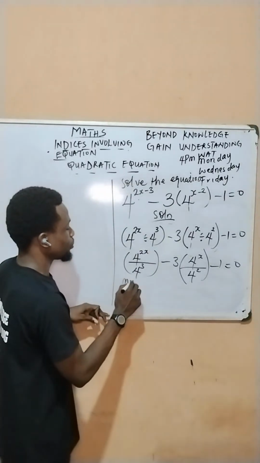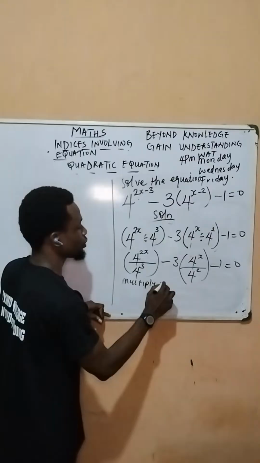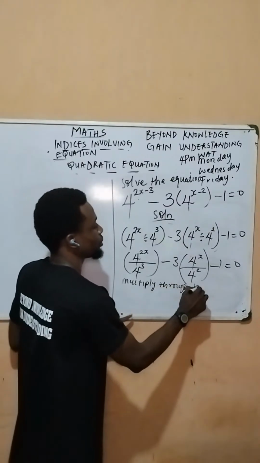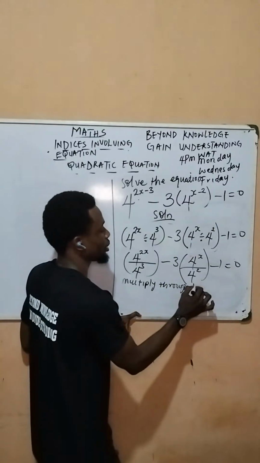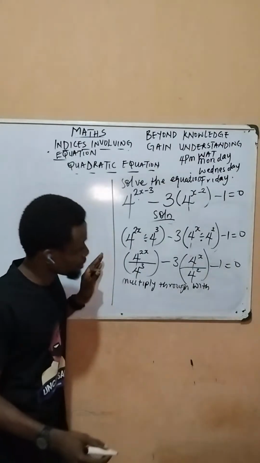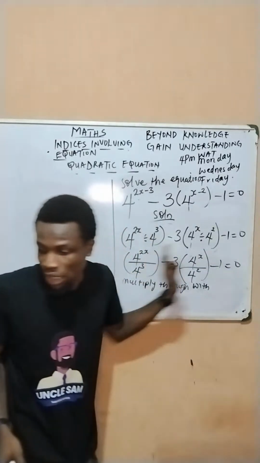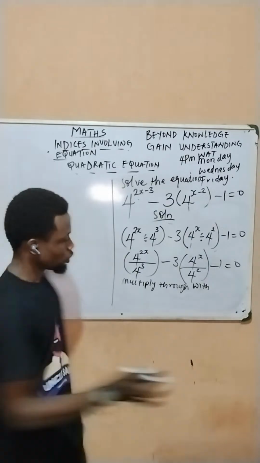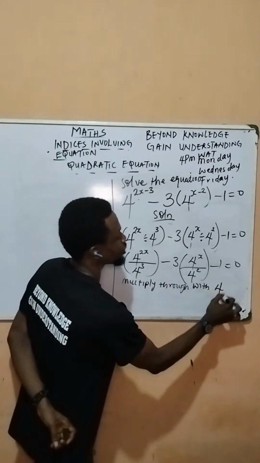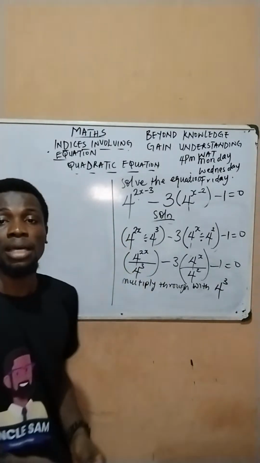I'll say multiply through by or with. Multiply through means multiply everything, both what is on the left and what is on the right. Multiply through with 4 raised to the power of 3 because it's the highest power here.